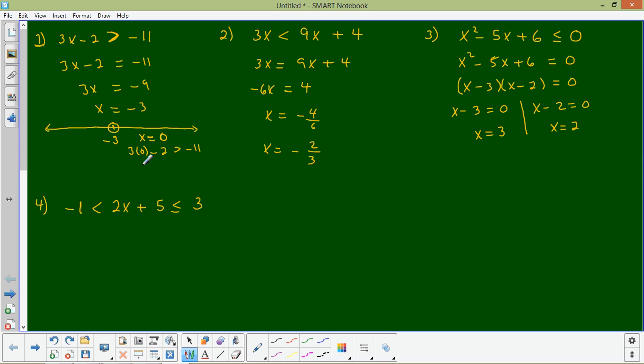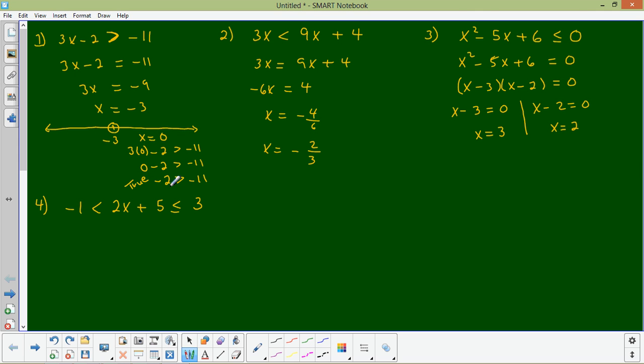And of course, that gives me 0 minus 2. And what I'm posing is, is that greater than negative 11? So is negative 2 greater than negative 11? Is that a true or a false condition? Negative 2 bigger than negative 11? Well, it is. That's a true condition, right?